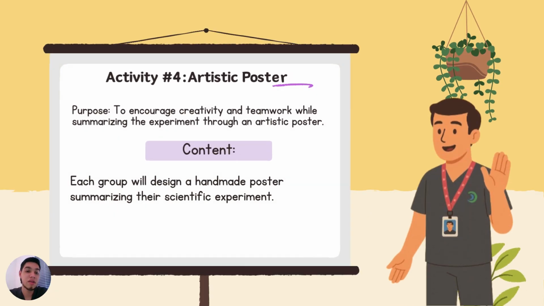So now activity number four is the artistic poster. The purpose is to encourage creativity and teamwork while summarizing the experiment through an artistic poster. So the content is that each group will design a handmade poster summarizing their scientific experiment.